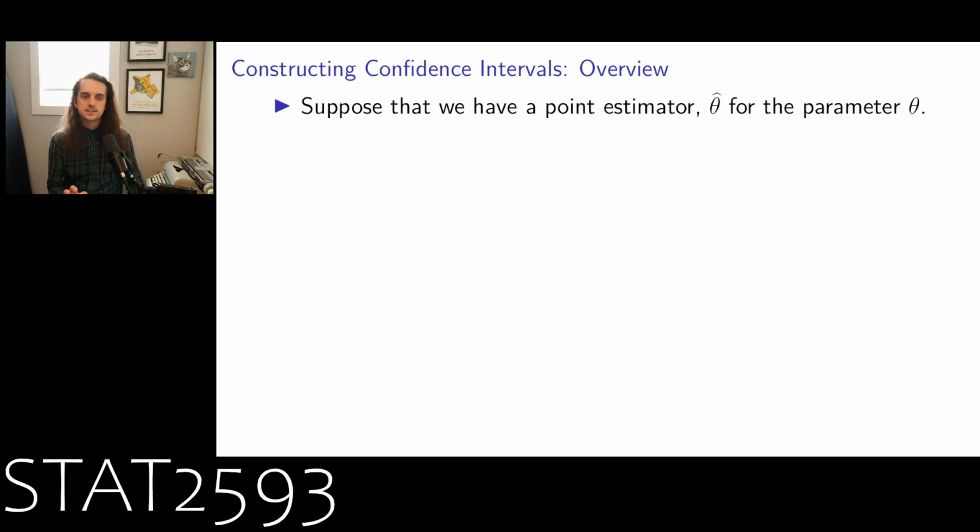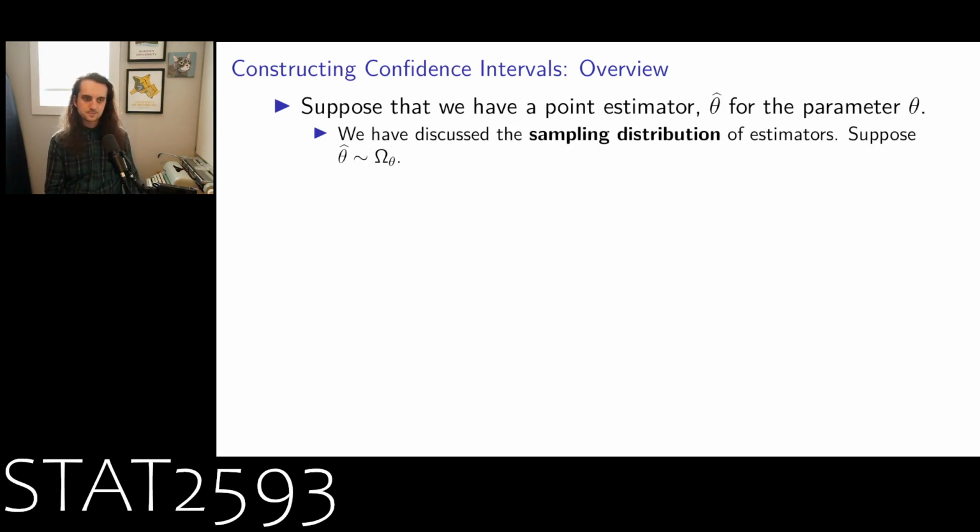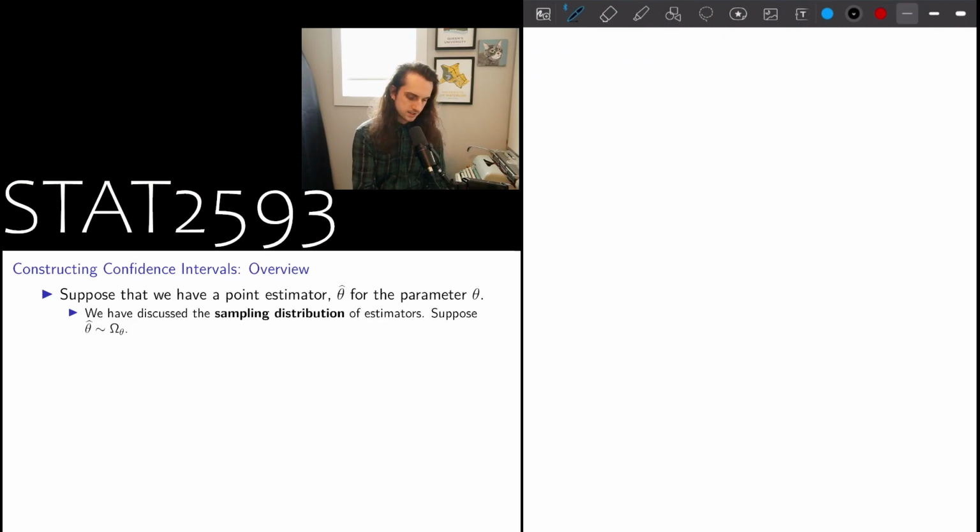So to start, let's suppose that we have some point estimator, which we'll say is theta hat, and we're trying to estimate theta. We've discussed that theta hat comes from some distribution, and I'm just going to say that distribution is, say, omega of theta, right? And so what do I mean by that?